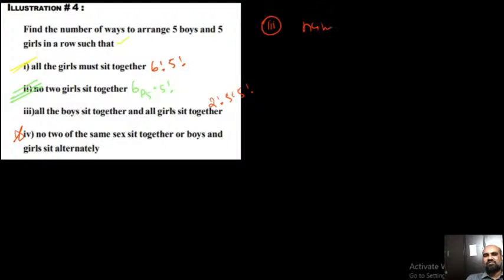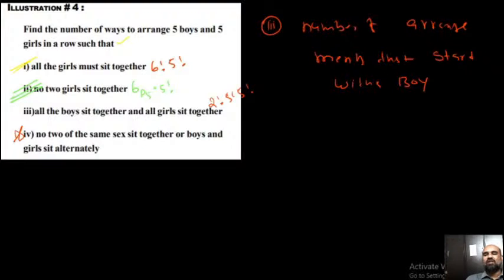Number of arrangements that start with a boy. That boy may be B1 or B2 or B3 or B4 or B5, whichever it may be. Start with the boy, that's all. So I will write B1, B2, B3, B4, B5.